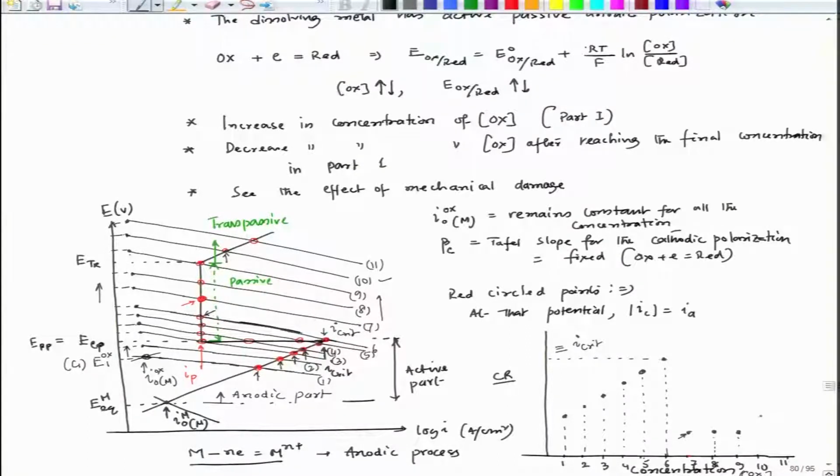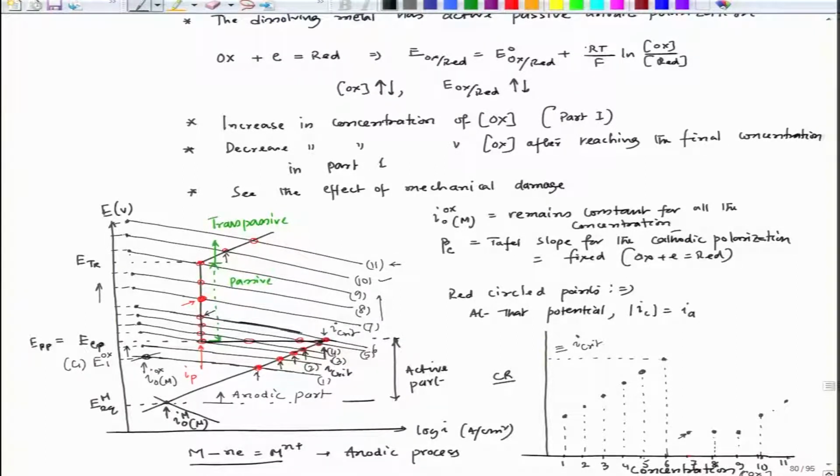The corrosion rate would be here, because small i is nothing but the rate of dissolution. So this is the location I could achieve, and at 11 it increases still further. So, it will be here.